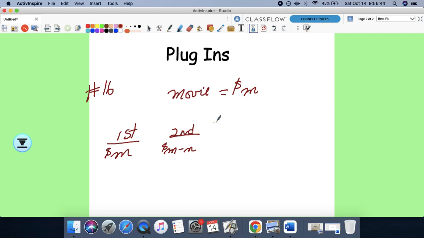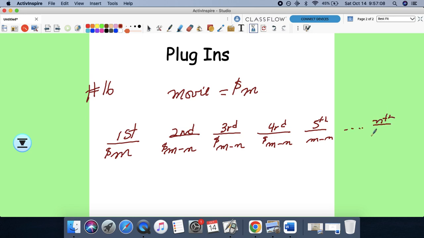So it's going to be something plus M, right? If you did sequences last year, remember the sequences we did in class. This is the nth ticket. So notice what's happening here.